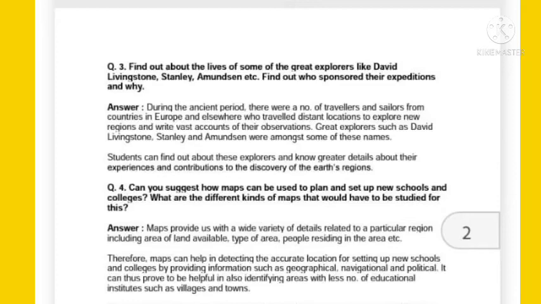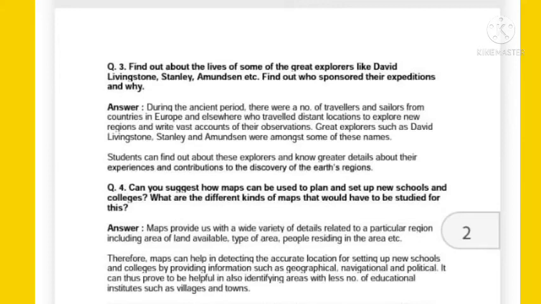Great explorers such as David Livingstone, Stanley and Amundsen were amongst some of these names. Students can find out about these explorers and know greater details about their experiences and contributions to the discovery of the Earth's regions.